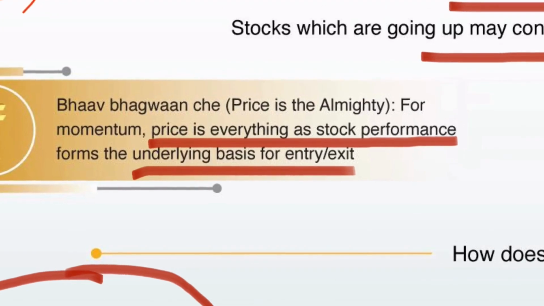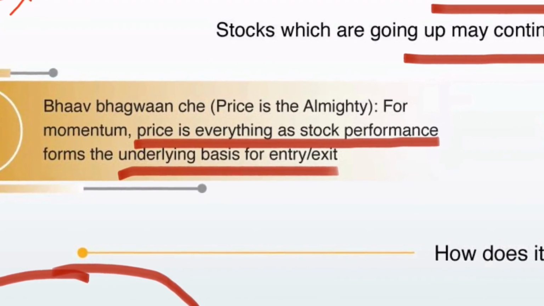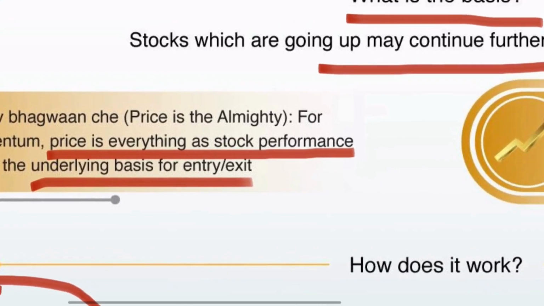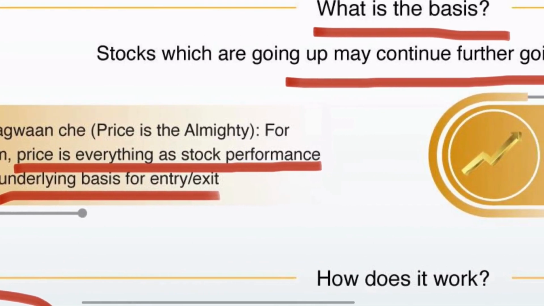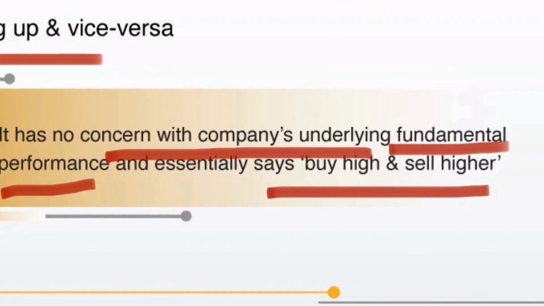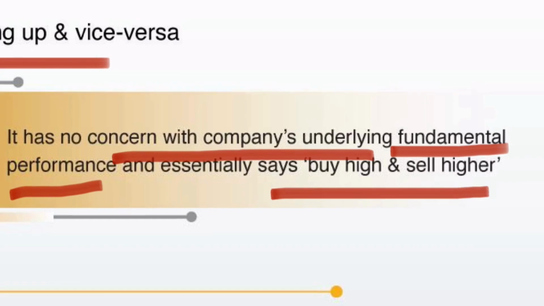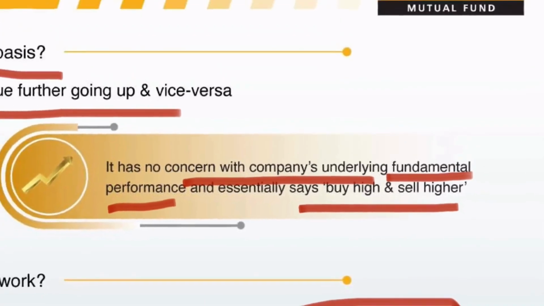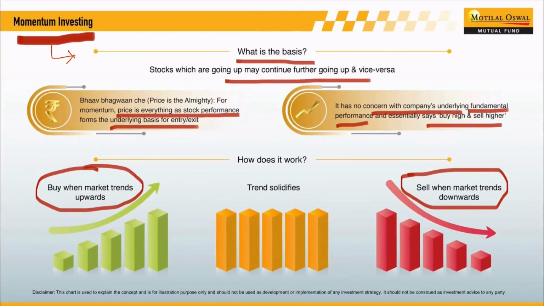So price decides whether a stock should be there in this portfolio or not. In momentum investing, price is the almighty. It has no concern with the company's underlying fundamental performance and essentially says buy high and sell higher. Buy high and sell higher is the strategy followed in this fund. So this is called momentum investing, friends.